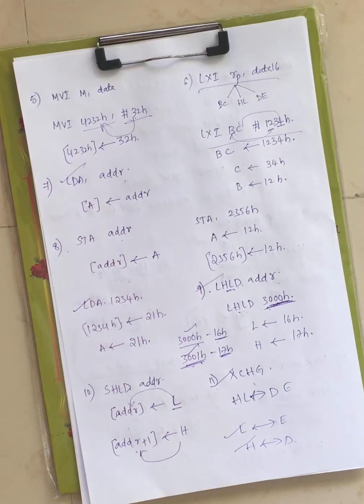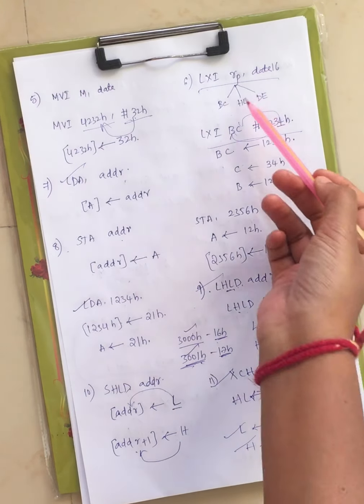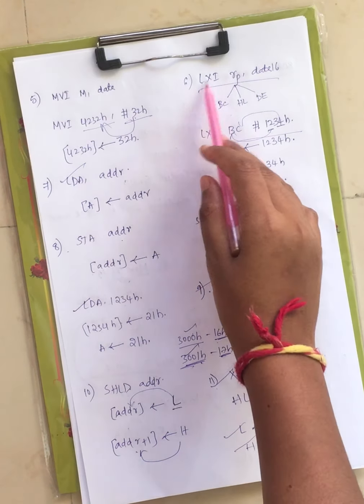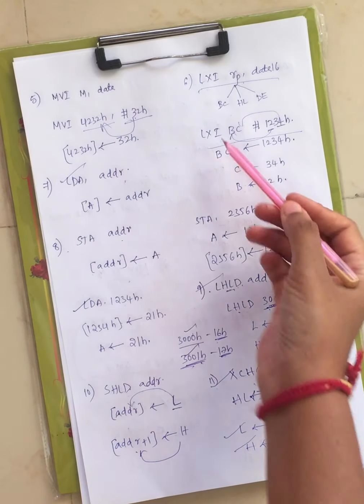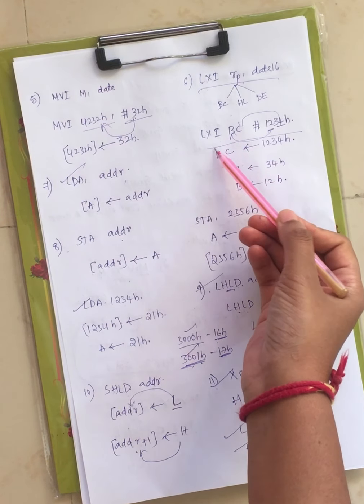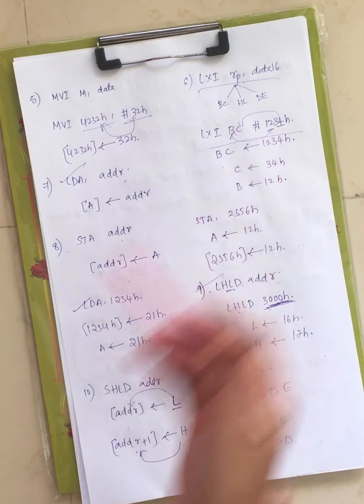Using the move immediate instruction we can move only 8-bit data. If you want to move 16-bit data, you have to use this instruction. Load immediate RP comma data 16. Now what are the register pairs? We have three different register pairs: BC, HL and DE, right? Now a load immediate example is load immediate BC comma 1234H.